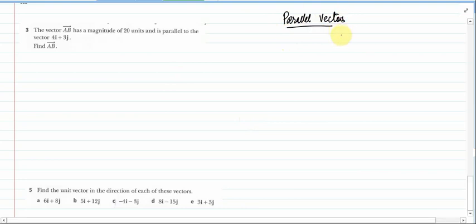Basically, parallel vectors are those which are scalar multiples. Now what do you mean by scalar multiples? Let's suppose that we have a vector A with values 2 and 1, and vector B, which is 6 and 3.